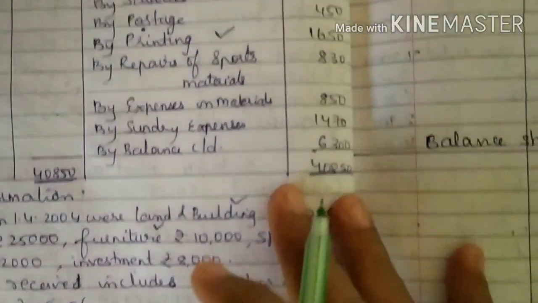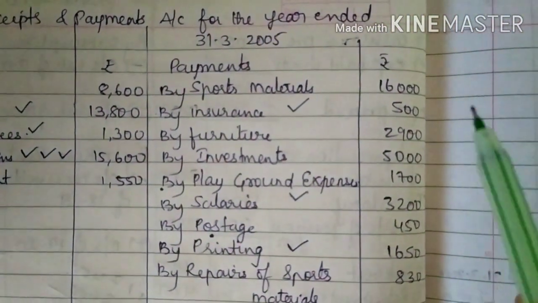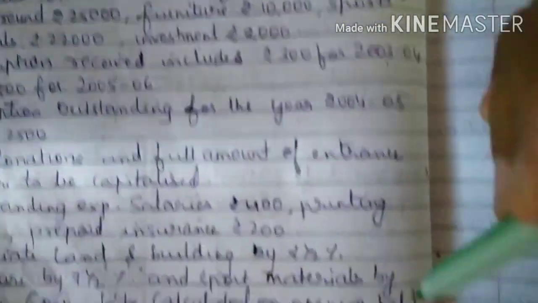So first, sports material. You can see it is given here also in the adjustment.